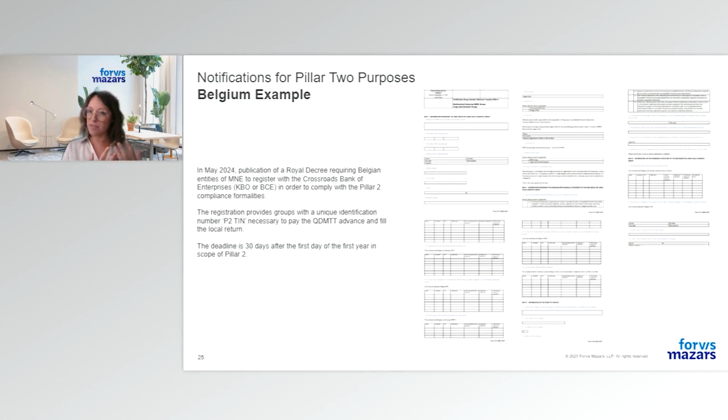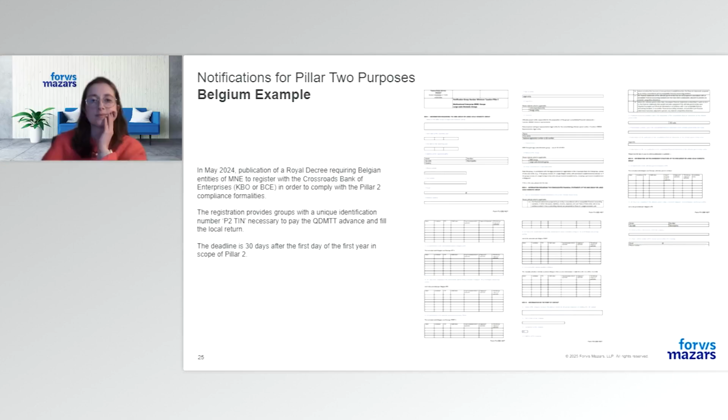As of date, I think this is the most comprehensive notification that I see. And maybe, Elizabeth, you can have a couple of words about the German one, that I think is very close.